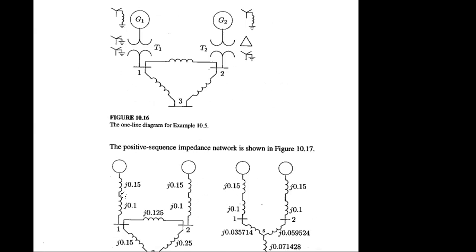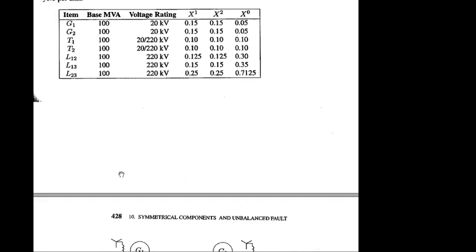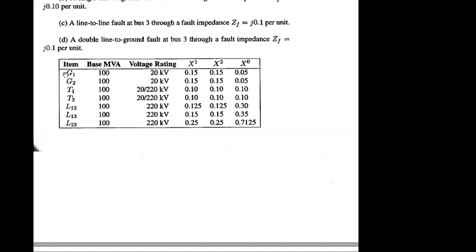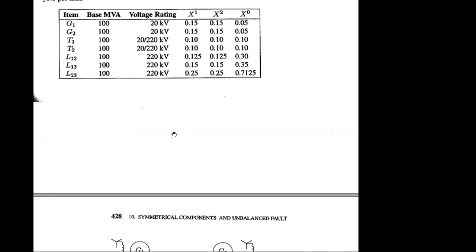Generator 1 has a reactance equivalent, but you have 3 reactance values for the generator. Here you can see generator 1 will have x1 as well as x2 as well as x0. So when you want to draw the equivalent circuit for the positive sequence component, you have to use this column information. Okay, remember that.